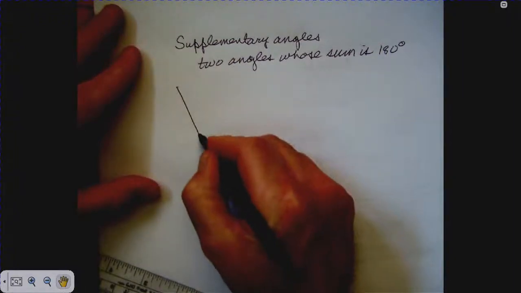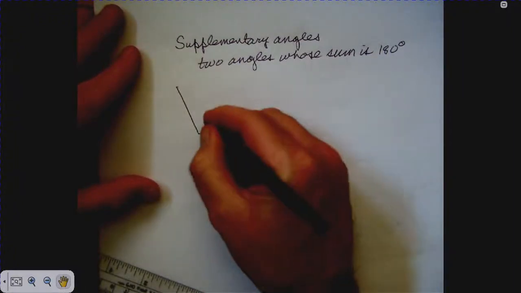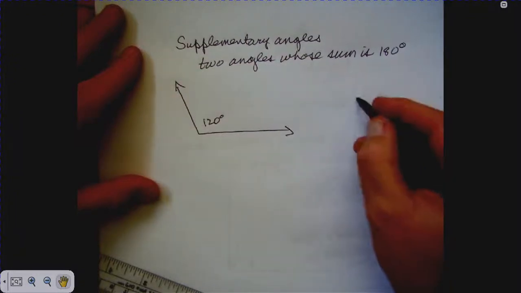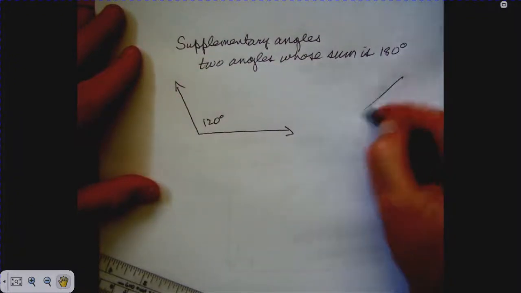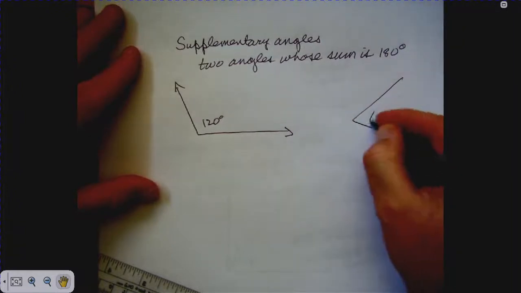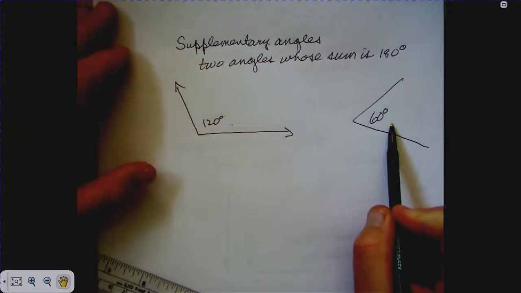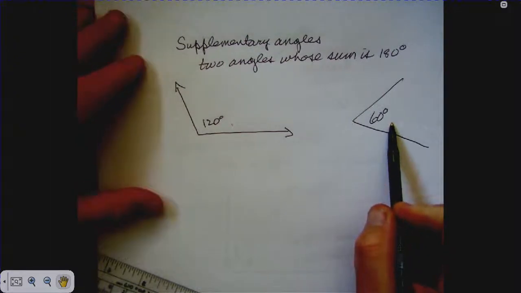So if I have this angle, which I'm going to say is 120 degrees, and another angle over here, which I'm saying is 60 degrees, then this angle and this angle are supplementary because they add up to 180 degrees.